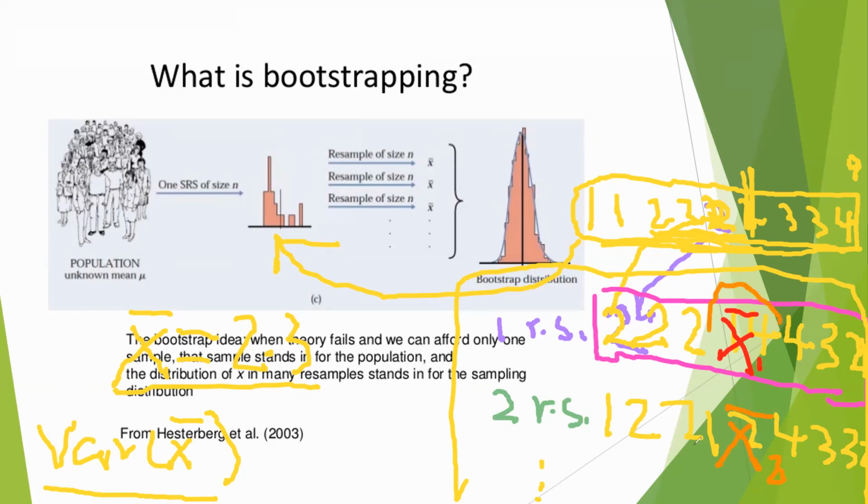And all these X bars for those resamples give you an idea about the variability of this estimation. Does that make sense? Is that clear? Good.